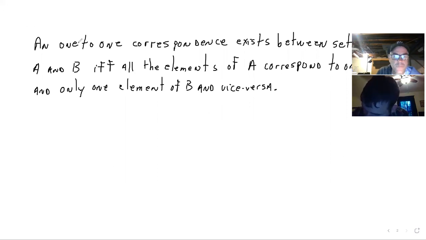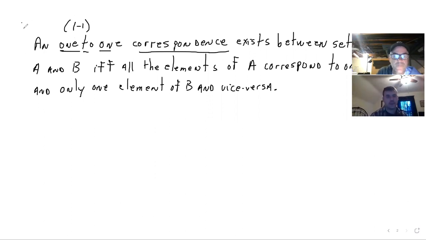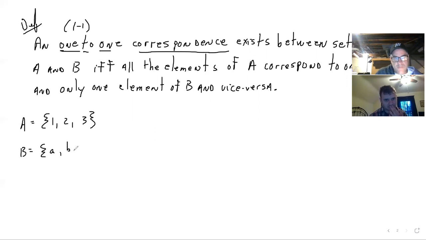All right. So this is what we mean by one-to-one correspondence. We can abbreviate this with a 1-1. So looking at what this means, let's say I have a set A and it has the elements 1, 2, 3, and a set B and it's got the elements A, B, C. Now, I can use little arrows.